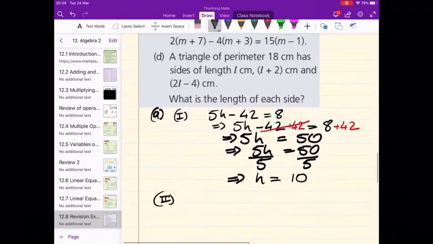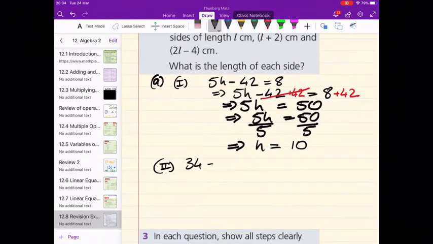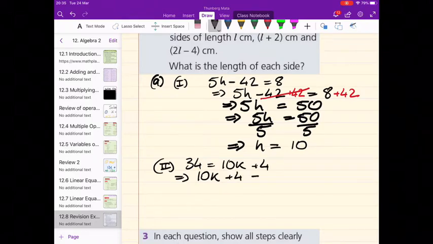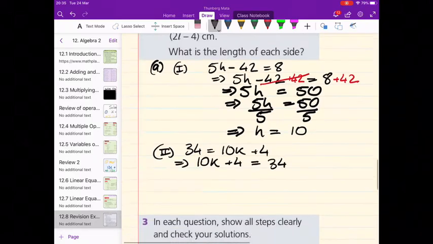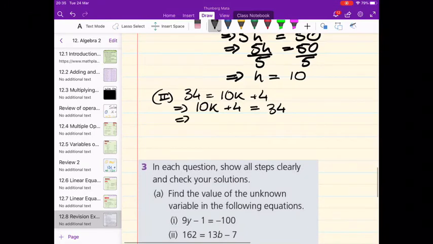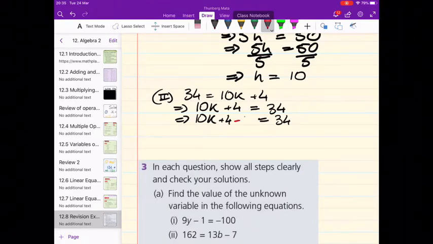Then part 2 of question 2 says 34 is equal to 10k plus 4. So again, not that it makes a massive difference, but I'd rather have the variable on the left, so I can swap them around. So now the variable is on one side, and we want to have the numbers on the other. To do that, we have a plus 4 on the left, but to take away that plus 4, we'll have to subtract 4 from both sides.